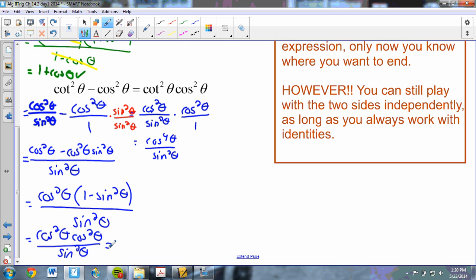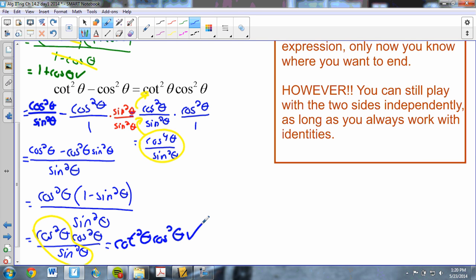And so now I could take this and turn it into this. Then I could work my way backwards and get back to there. But at this point I've really got it, because this right here is a cotangent squared. So now I have cotangent squared times cosine squared, and that's what I want.